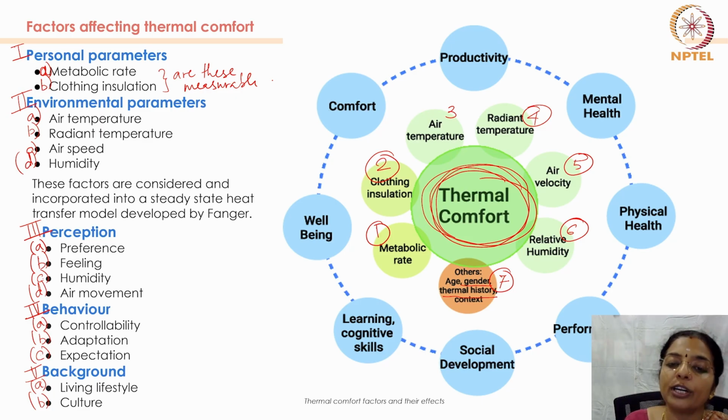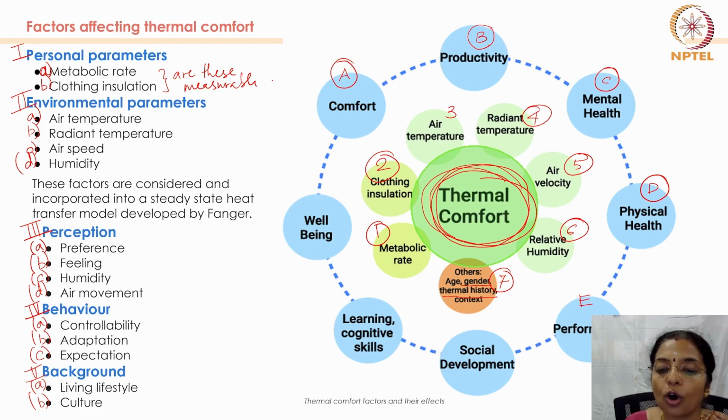It is important for us to consider thermal comfort in order to give a thermally comfortable environment, to boost productivity of a place, to have good mental health, good physical health, to enhance the performance of the person who works there, to have good social development, learning and cognitive skill and general well-being.